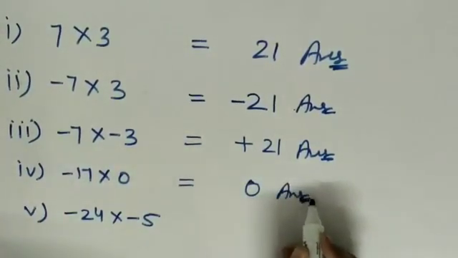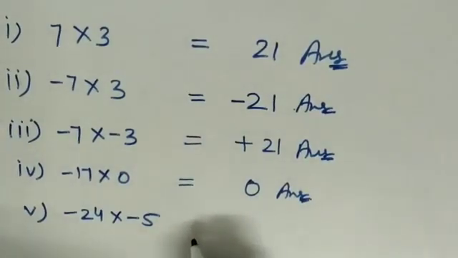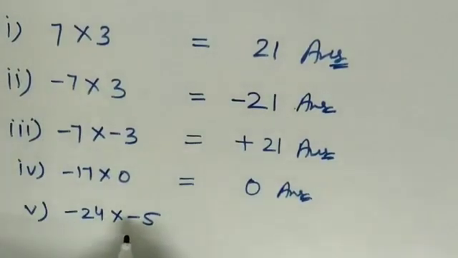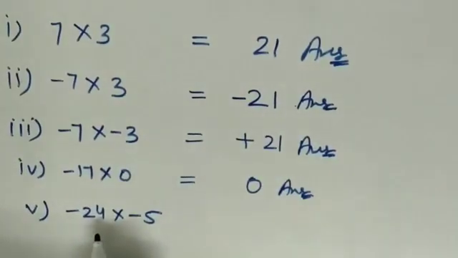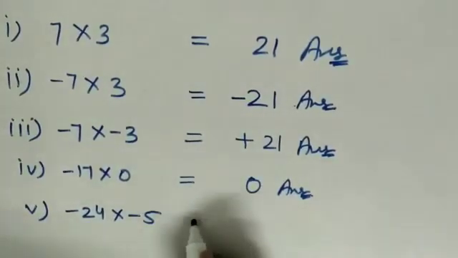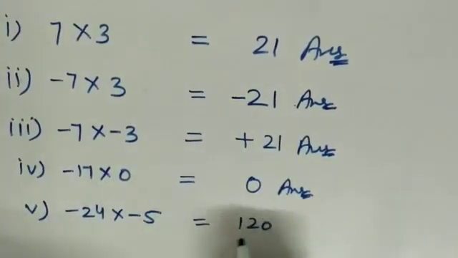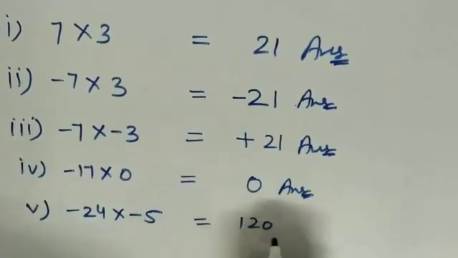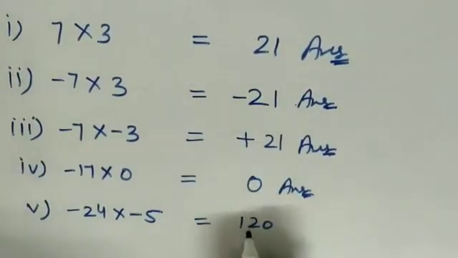Next we have minus 24 into minus 5, so first I multiply the numbers. 24 into 5 gives me 120, and negative into negative gives me positive, so the answer remains as it is.